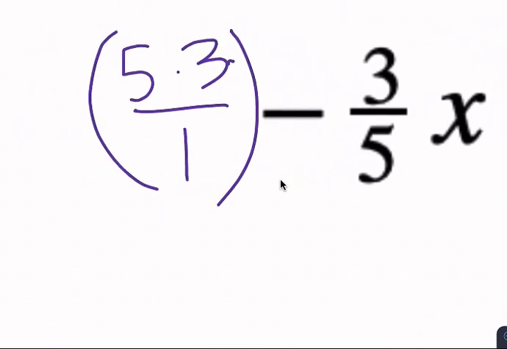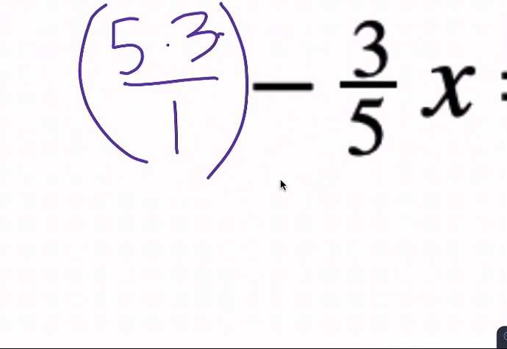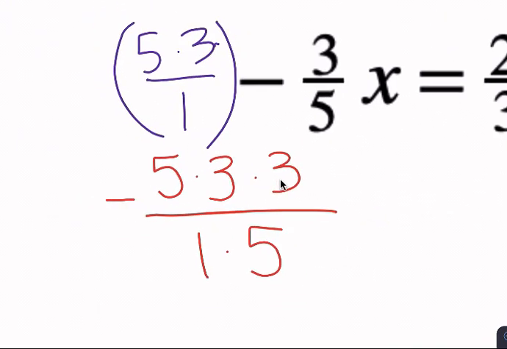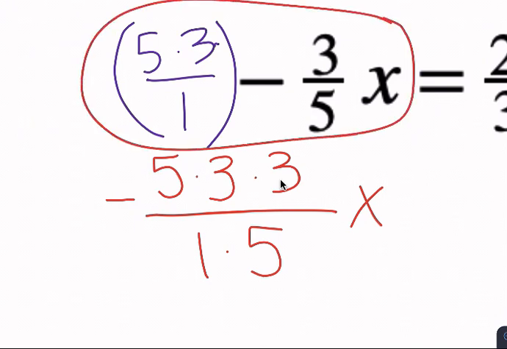When I'm looking at it this way, I can look at this first term right here, and I'm going to rewrite it so you can see what it really looks like: negative 3 over 5 times x, times 5 over 1 times 3 over 1. This is really what all of this means, because it's all multiplication. So when I know I have this, I can look and say, oh, I have a 5 in my denominator and a 5 in the numerator, and 5 over 5 is really just equivalent to 1.